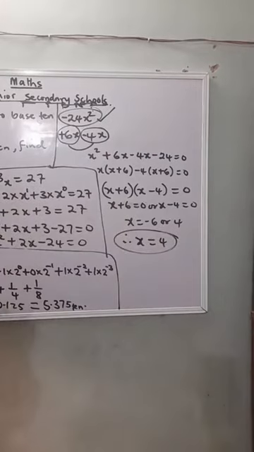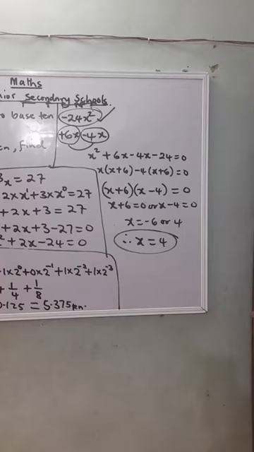So that means that x is in base 4. We have now seen how to convert from any base to base 10, and how to handle conversions that lead to a quadratic equation.